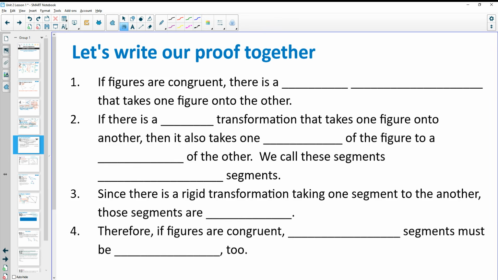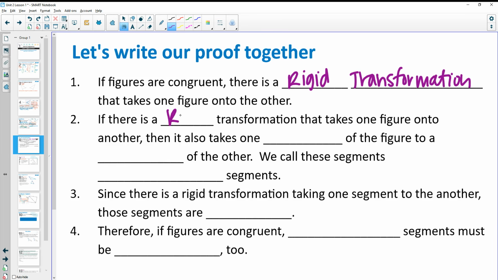So this one says, if figures are congruent, then there is a what that takes one figure to another. So if they're congruent, then we know that there's a rigid transformation that takes one figure to the next, because that's what rigid transformations do, and that's the definition of congruency.